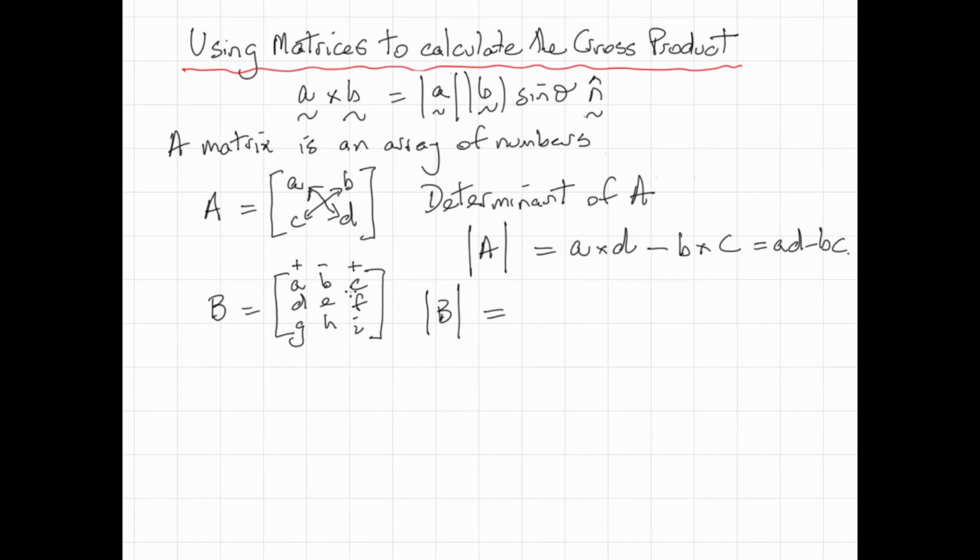And we start with the plus A. Now A is in the first column and takes up the first row. So when we've got A, what is left when we take out the first row and the first column? We've got E, F, H, I. So we write that down as the determinant of just like a 2 by 2 down here. So that's E, F, H, I.